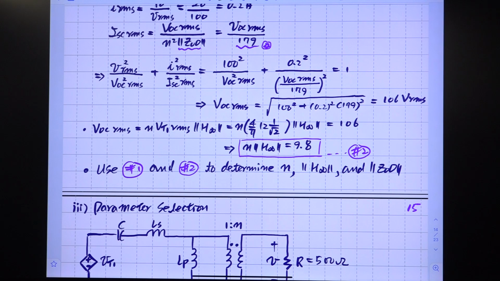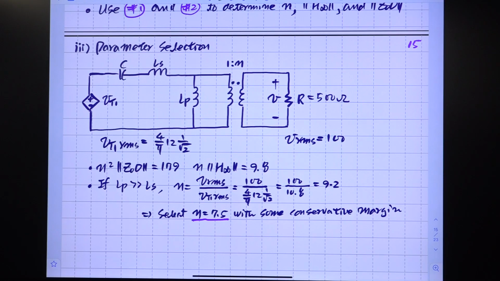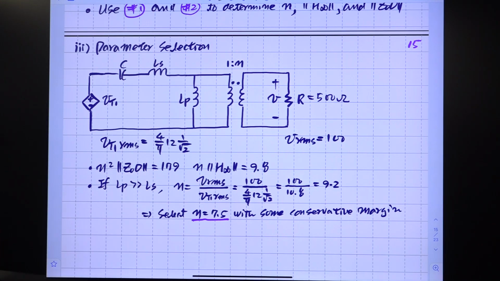This is the circuit diagram of the tank circuit, right? So VT1 RMS is this. Okay, this is the VT1. 4 divided by pi times input voltage divided by square root 2 is VT1 RMS, right? And we know this number. All right? Suppose this LP is much larger than LS.